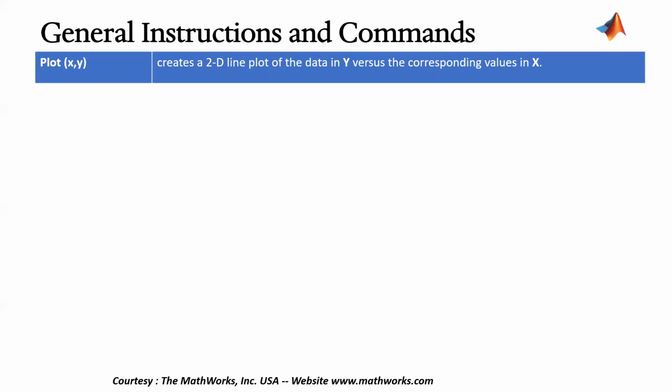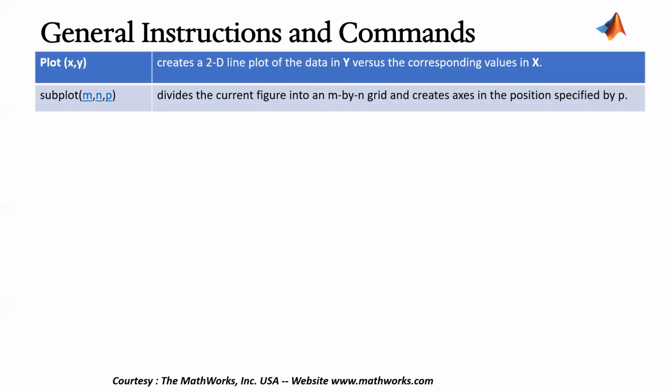Next one is subplot. It can be called a sub of the plot, as said earlier. Subplot of m comma n comma p. Most of the time it is used in the same format in MATLAB.